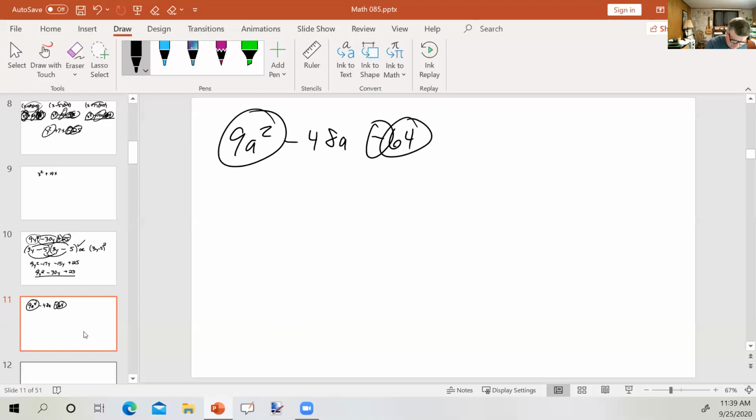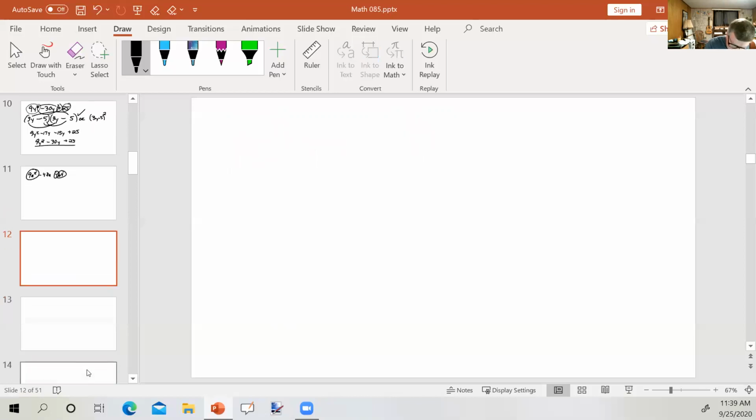Let's see here. 121 plus 4x squared plus 44x. Let's see if we can factor this. Well, it's a trinomial, but what's wrong with it?